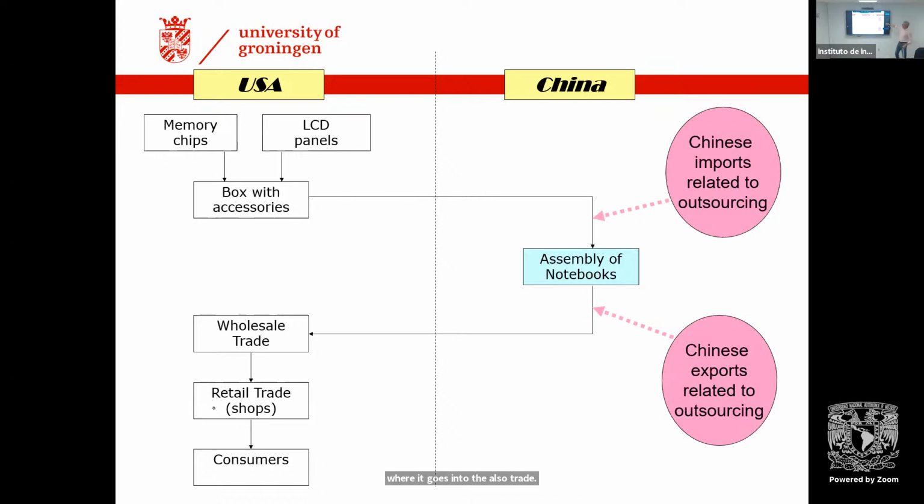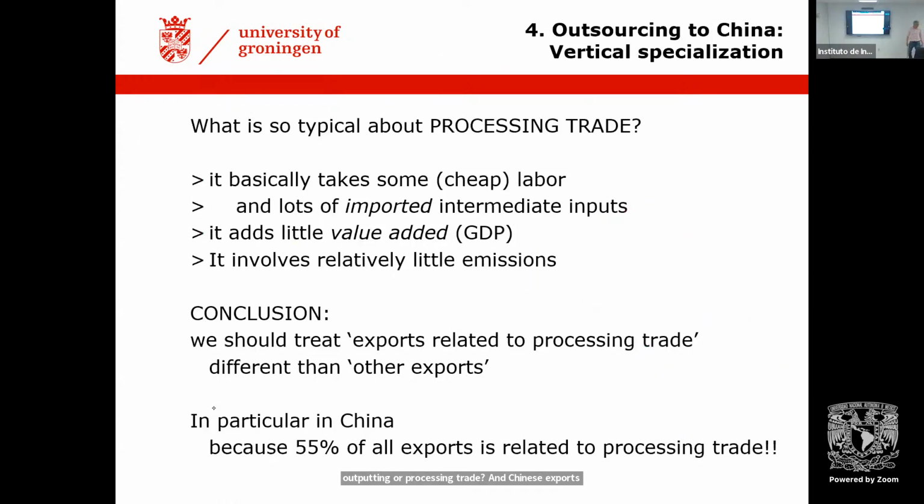Now, this involves Chinese imports related to outsourcing or processing trade, and Chinese exports sending back the product. What is so typical about processing trade, international fragmentation, outsourcing? Typically, it takes some cheap labor. It's basically playing with the screwdriver, assembly work, and then immediately it goes back.